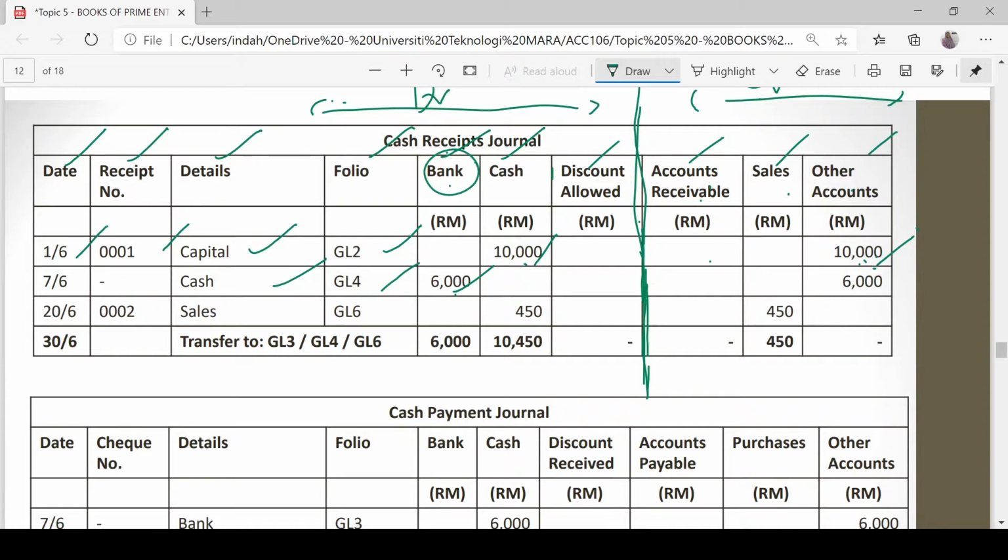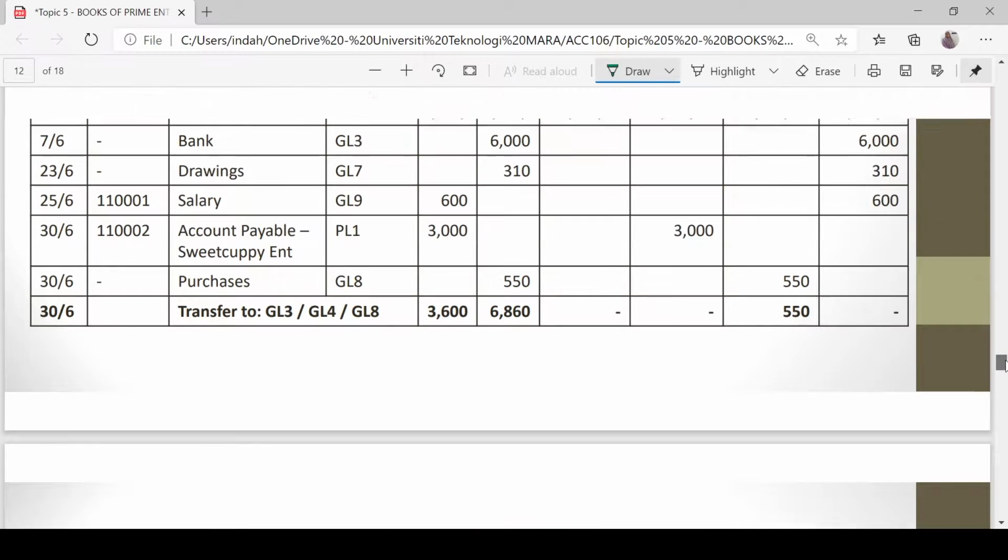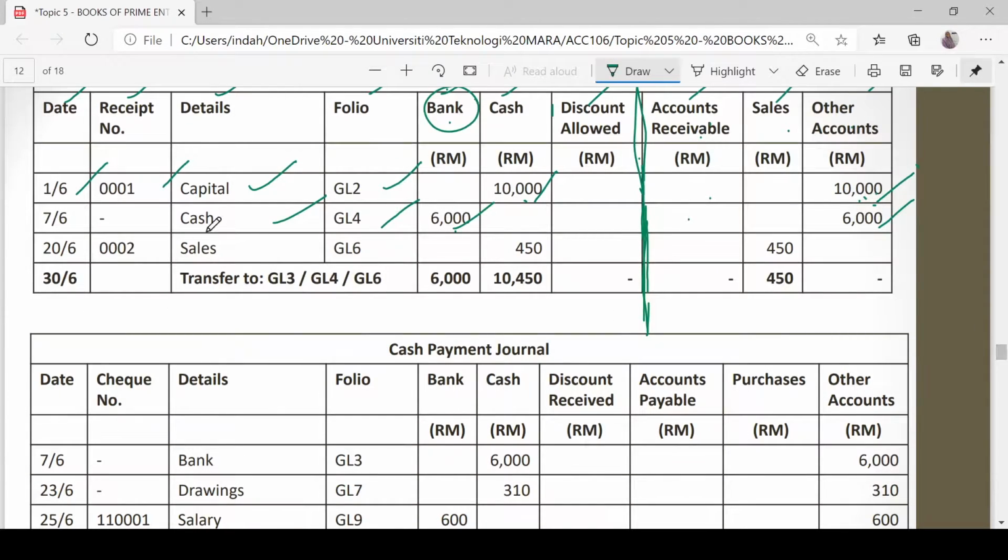Do we receive money from account receivable? No. Is it from the sales? No, it is from other account. That's it. Then for sales, we have made cash sales to Rina. On 20th of June, we issue a receipt to Rina.